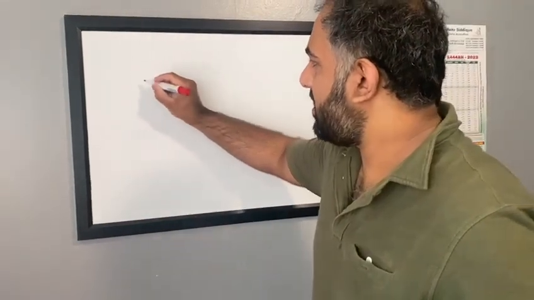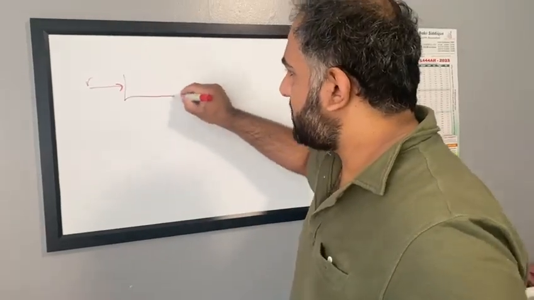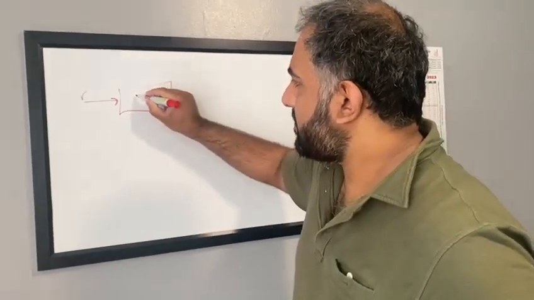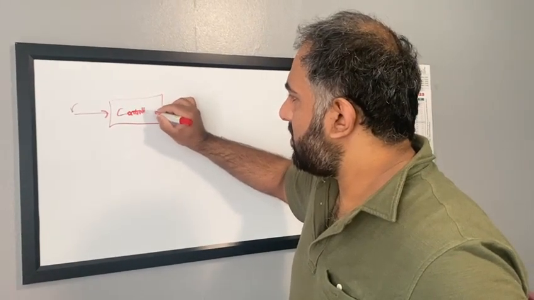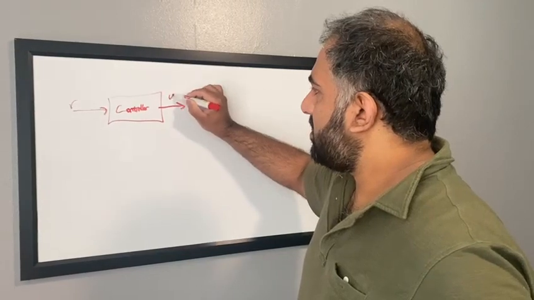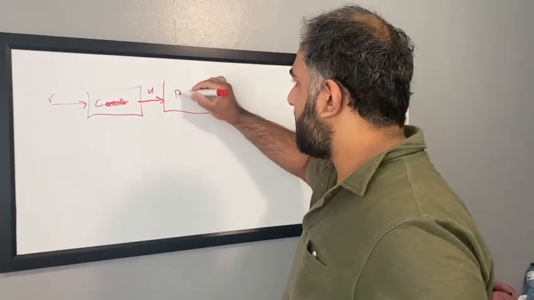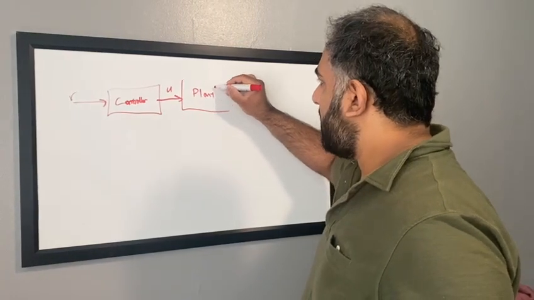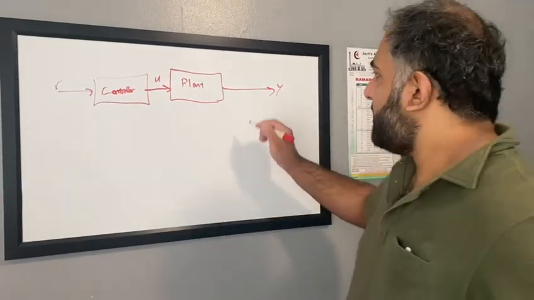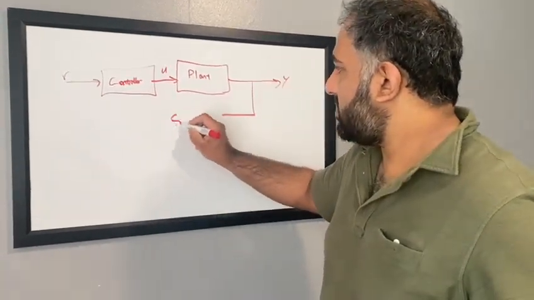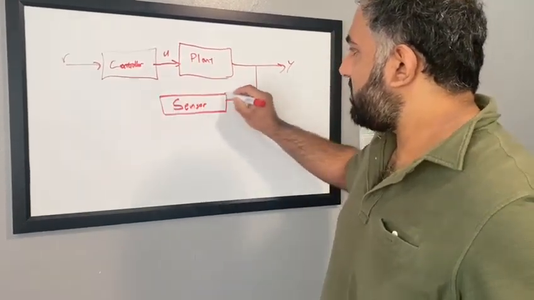that normally you have an input R that goes into a controller. The output of the controller is generally labeled U. Then you have a plant model or actual physical plant, and the output is your Y, the sensor feedback, and these are your sensor or any estimation filter, whatever you have.